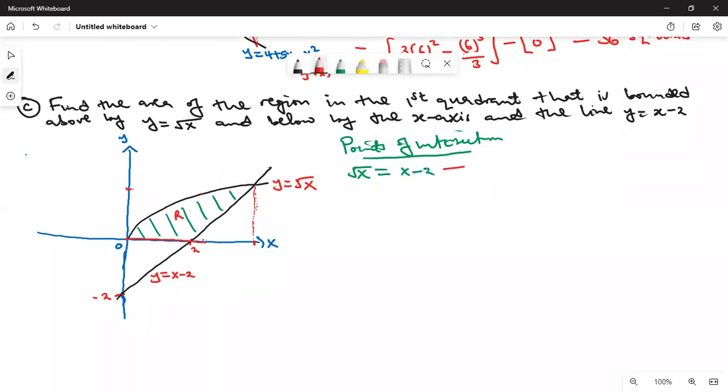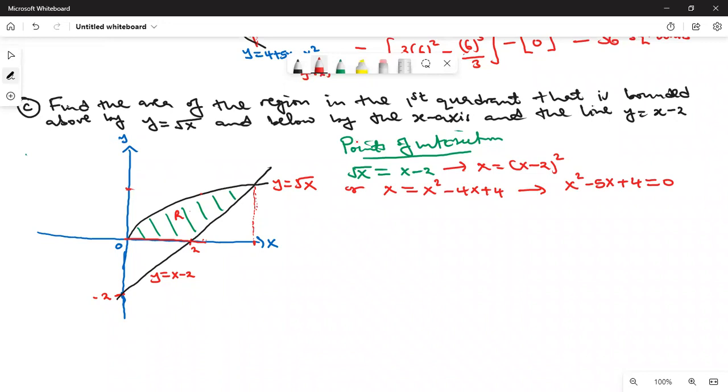If you square both sides, you get x is equals to x minus 2 squared, or x is equals to, when we expand that, x squared minus 4x plus 4. And if you simplify, you are going to get x squared minus 5x plus 4 is equals to 0. So find the roots of this quadratic equation.